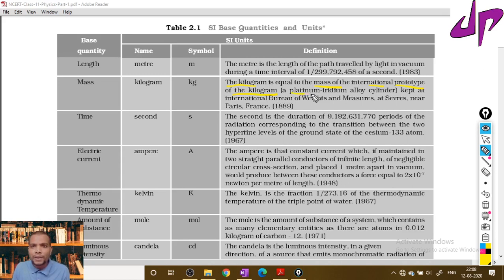It is a platinum iridium alloy kept at the International Bureau of Weights and Measures. This is the standard 1 kg unit, still followed now, from 1889 onwards. That gives the standard definition of mass of 1 kg. It's something like crazy.